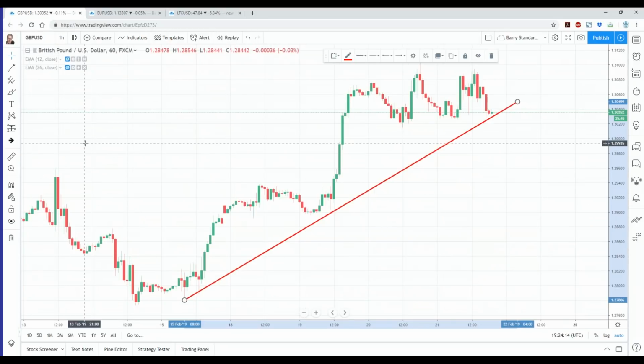Okay. Now, we see a beautiful uptrend, and I was able to draw a very nice, a very easy trend line on here because we have a well-developed trend. But the fact is, the trend line isn't just drawn on a chart. A trend line has rules.